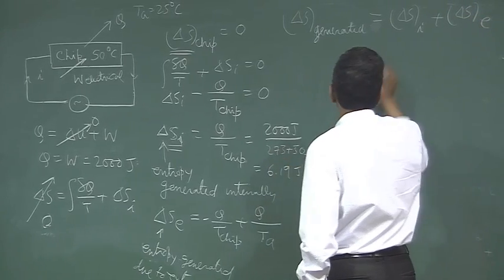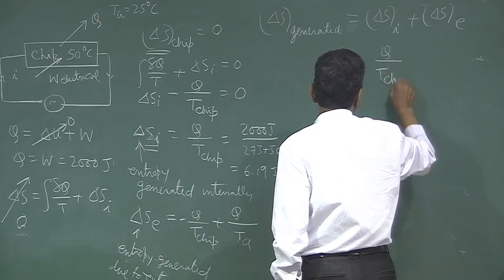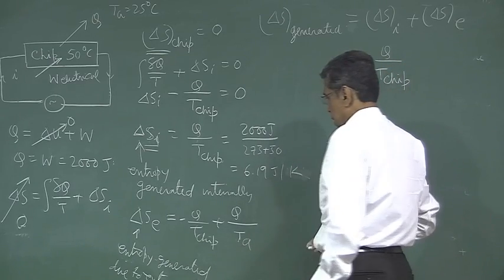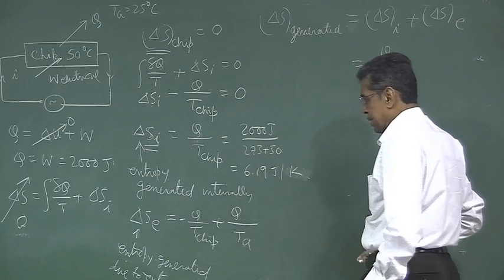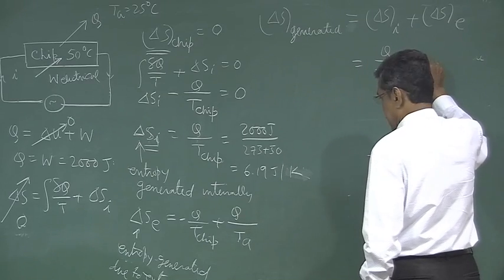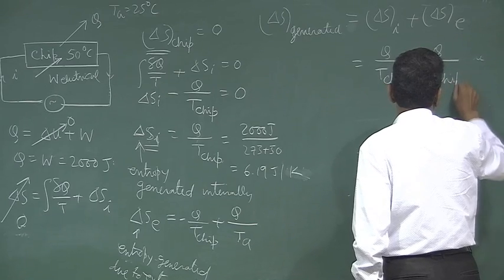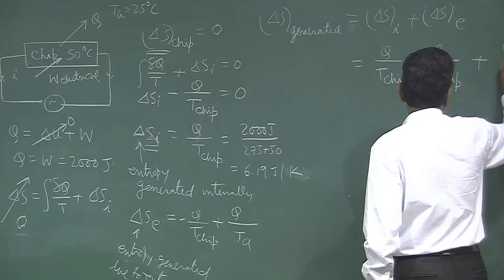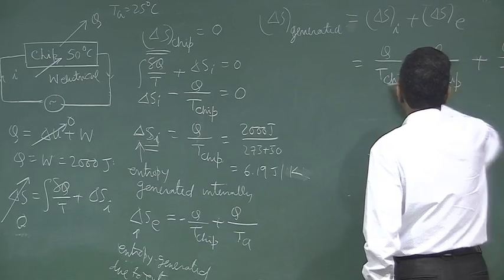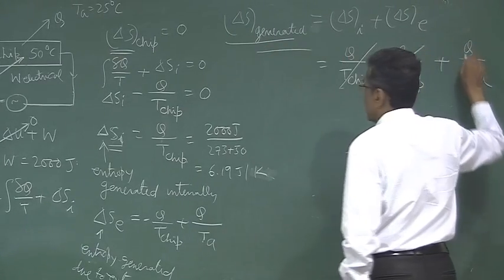The internal entropy generated is Q by T chip, and the external generated entropy you can calculate, but I am writing in this form: minus Q by T chip plus Q by TA, and this cancels out. That means total entropy generated becomes Q by TA.